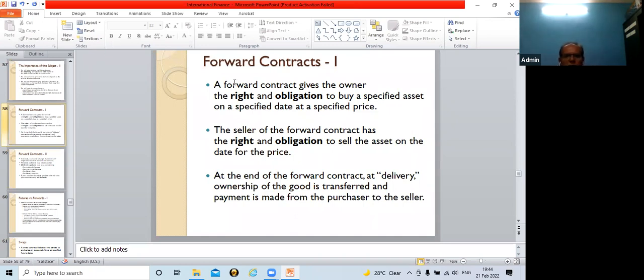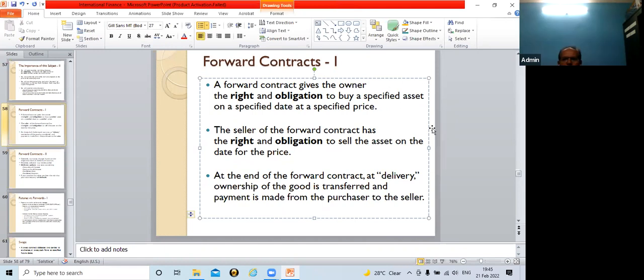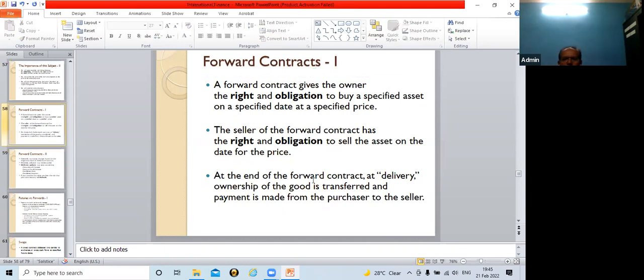Anybody will read this again, the first point. What is forward contract? Please read out. Read out this forward contract, first line. This first bullet point, read out. Anyone? Can you see my screen? Am I audible? Hello?